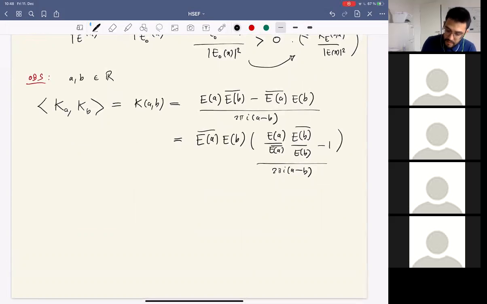Okay, but now we have a formula for this, because in here I will use the fact that E bar divided by E, the function of x, is just e to the 2i phi of x. By definition, because I define phi to be the log of the function on the left divided by 2i.